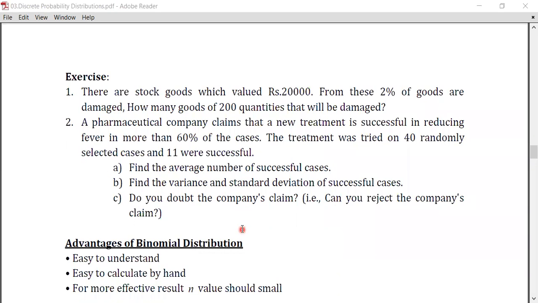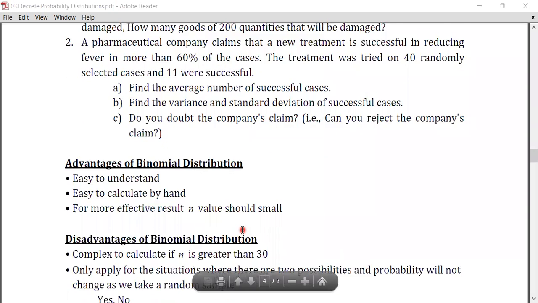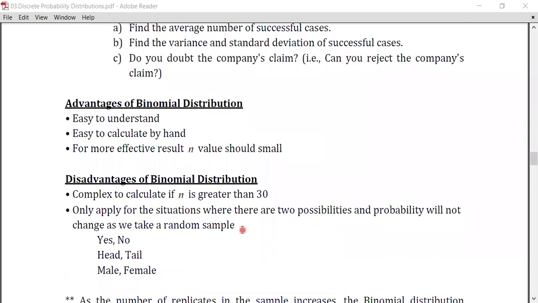Then we will look at the advantages and disadvantages of the binomial distribution. As advantages, it is easy to understand, because it may be considered the simplest distribution. It is also easy to calculate by hand.